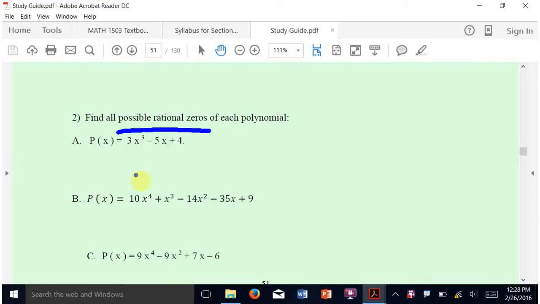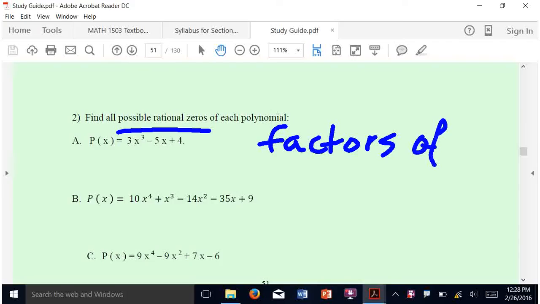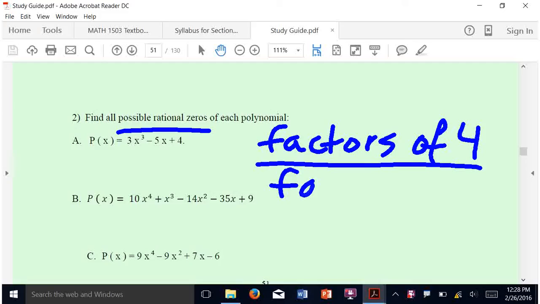Okay, well here they ask us to find all the possible rational zeros of polynomials, for example this polynomial. So what do we do? Well, it would be the factors of 4 over the factors of 3.